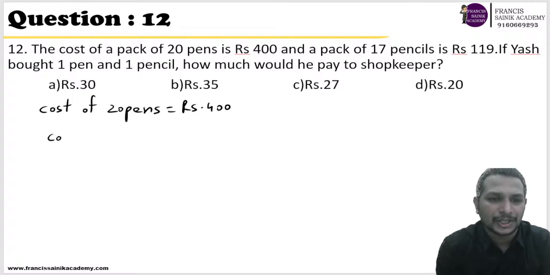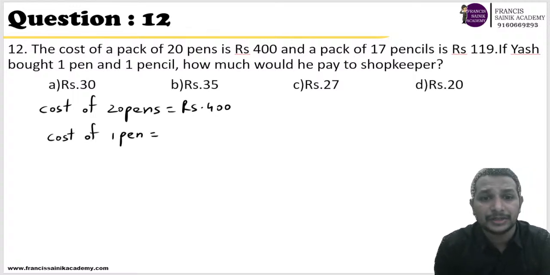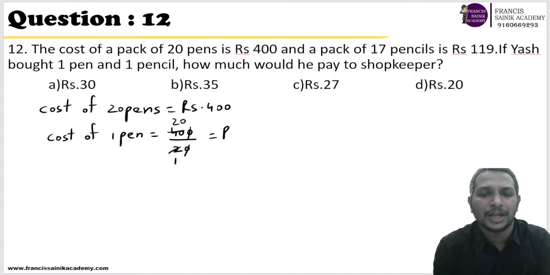As we have seen in profit and loss questions, payment problems like that, right? This is also one of the important methods. Cost of 1 pen is how much? 400 by 20. Cancel: 20 ones are 20. We got the cost of 1 pen as 20 rupees.